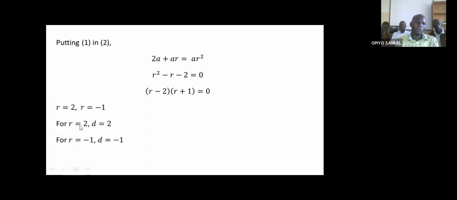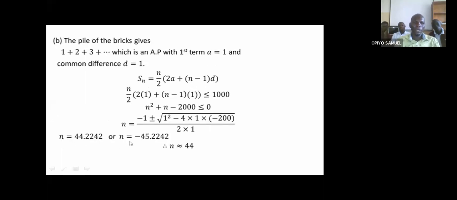And for r equals 2, d is 2, because they said r and d are equal. And for r equals negative 1, d is also equal to negative 1. So that is for part A. And strictly, as I said, you need those 4 things for AP and the 5 items I listed for GP.